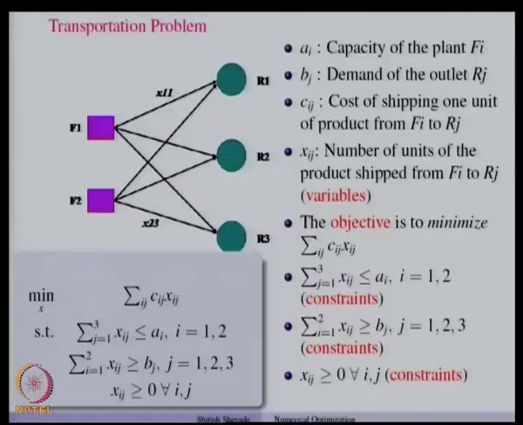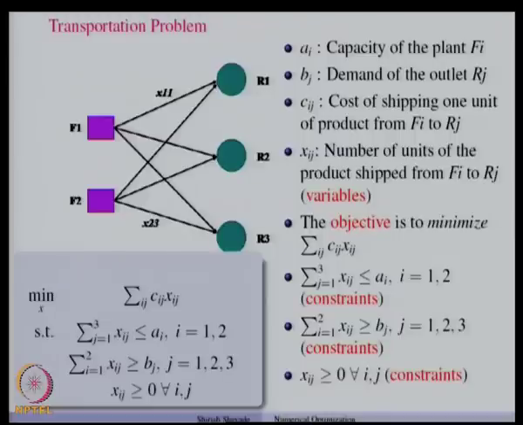So, the variables in this optimization problem are Xij, and the objective function is to minimize the cost involved in shipping the finished product from the factory to the retail outlet. So, the objective function is to minimize sigma Cij Xij.